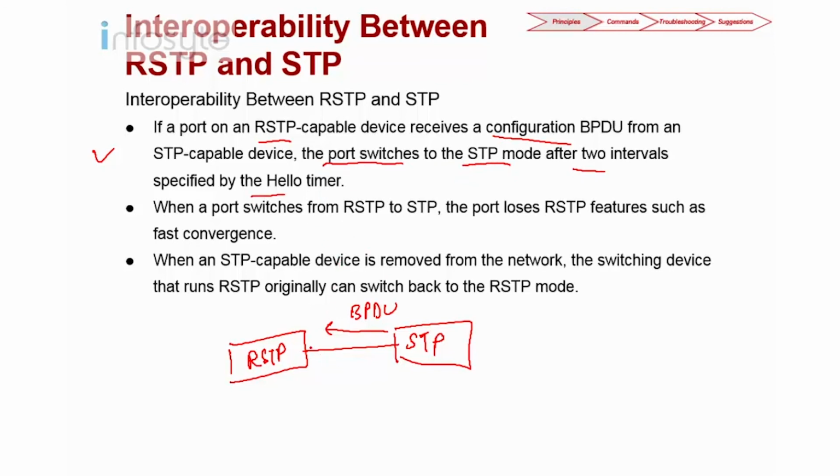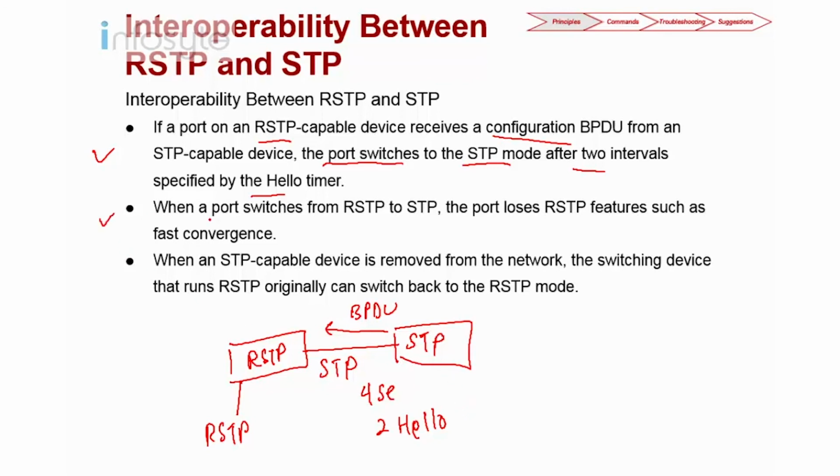Which means that here I may have RSTP, but here I'm going to change to STP after 4 seconds, because it's 2 hello timers. Okay, and each hello timer is 2 seconds.